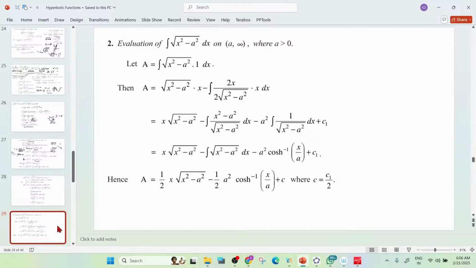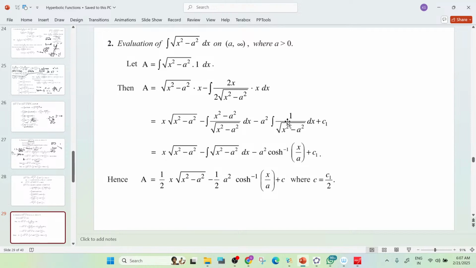Again, using by parts. What have you done? First function into integral of second function minus integral of differential of first function into integral of second function. Again, x square by under root x square minus a square. This time you are adding and subtracting a square. Again I becomes I equals something minus I minus a square into this.